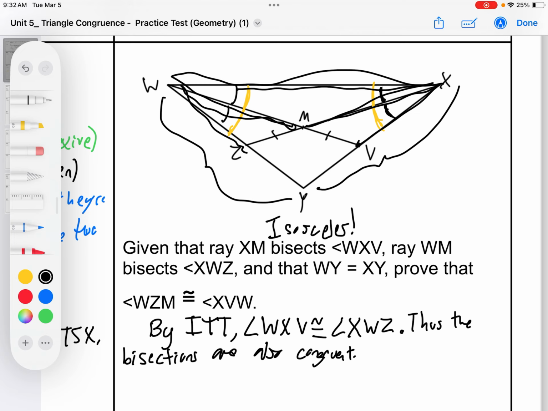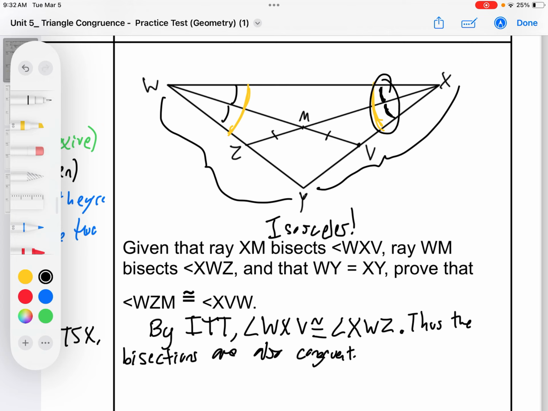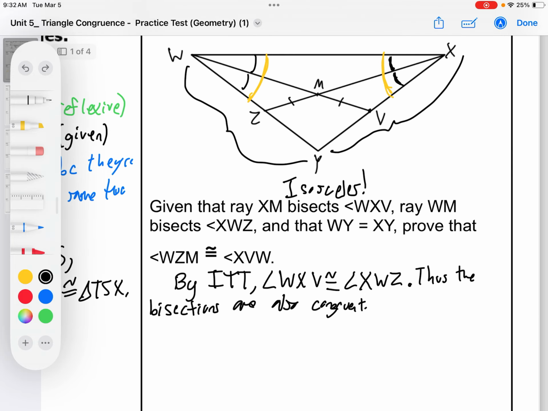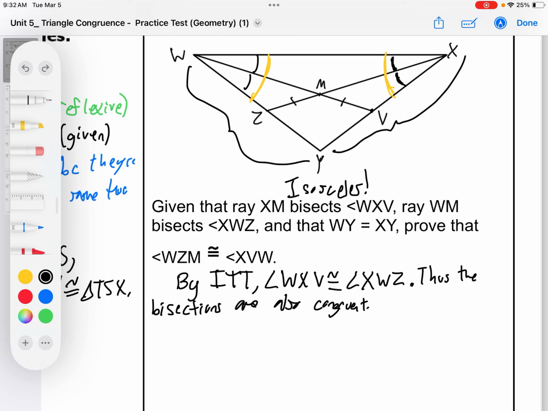You could say all that. Don't. That just makes it more confusing. Just talk about the ones that get cut in half, the bisections as we call it. The bisections are also congruent. And you can see that in the diagram. They mark it, and you call attention to it by saying the bisections are congruent.